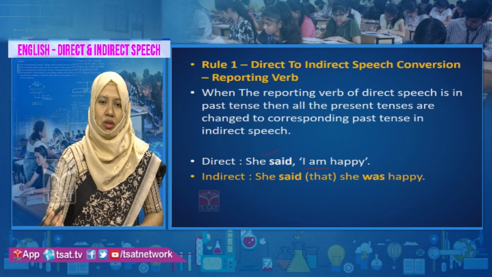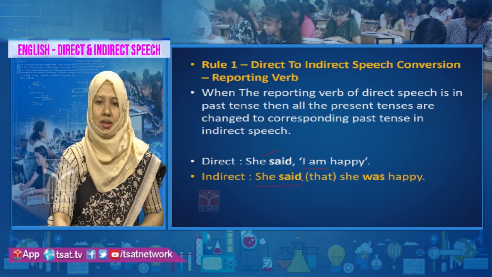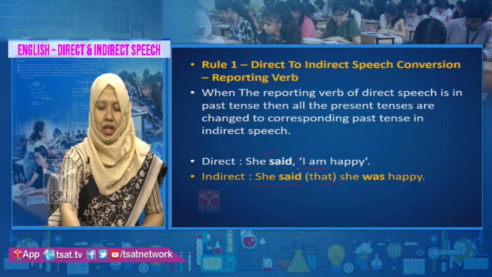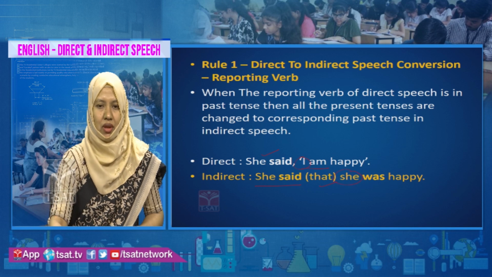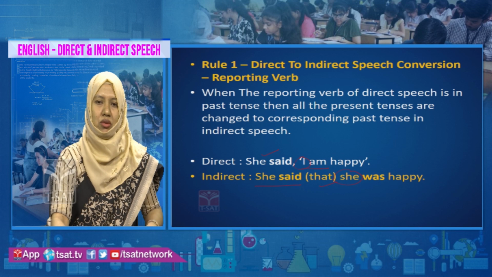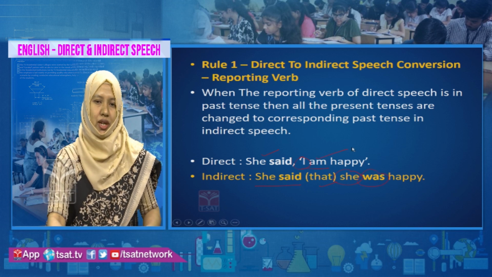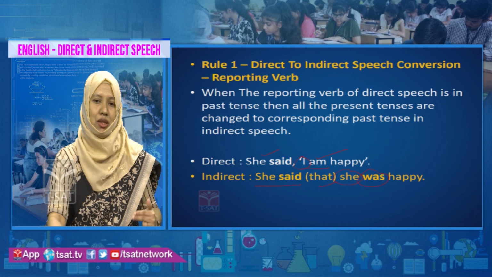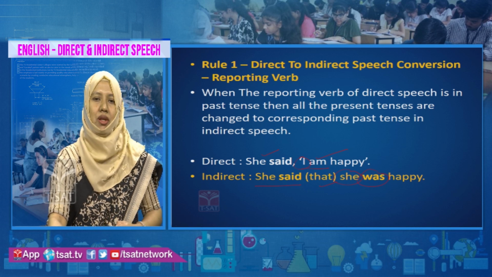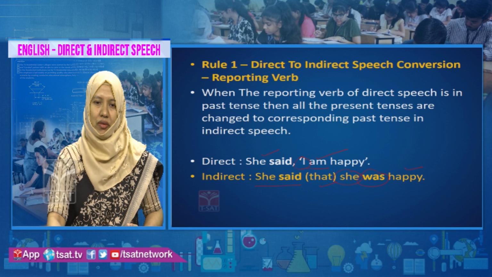Now, when you change into indirect speech, you start the sentence, she said, you have to add the conjunction that, I will change to she, because you are reporting about that person, you are changing the pronoun, am will change to was. The tense also will change accordingly. Simple present will change to simple past. And what was she? She was happy. As it is, you have to write.